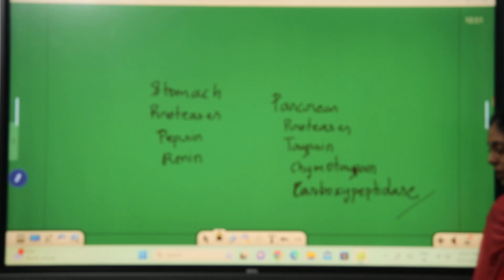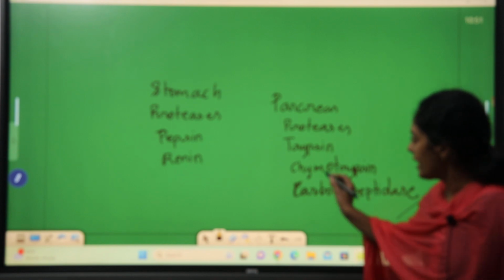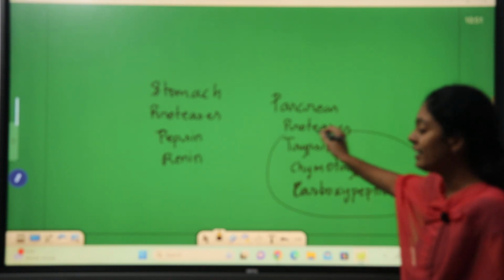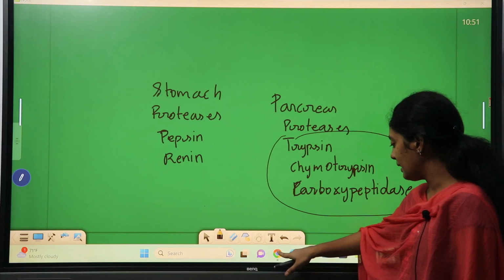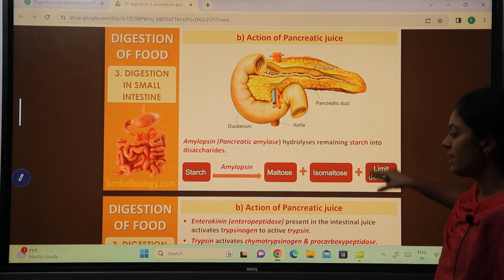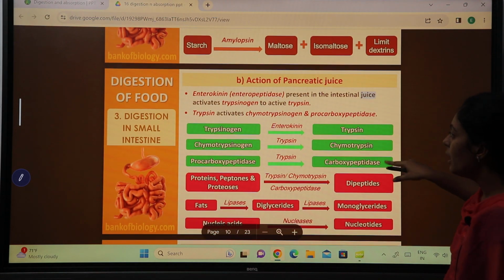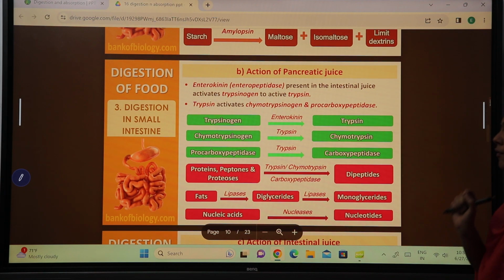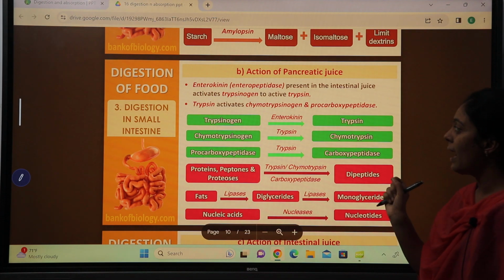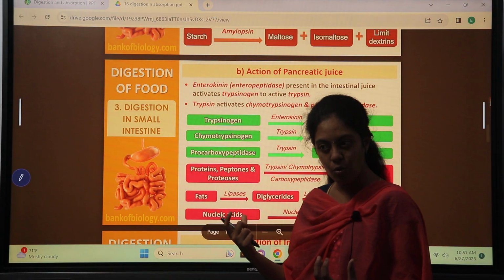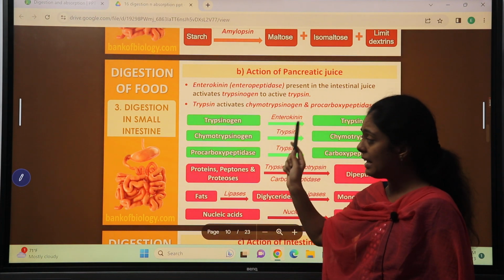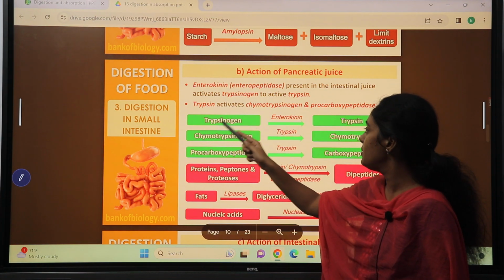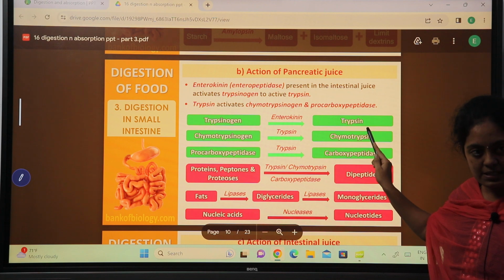Done? Okay. Now let us try to understand the action of pancreatic proteases. What did we study in the pancreas now? We studied the digestion of carbohydrate. Now we will study the digestion of proteins. You have a hormone called enterokinin. This enterokinin will convert trypsinogen into trypsin.